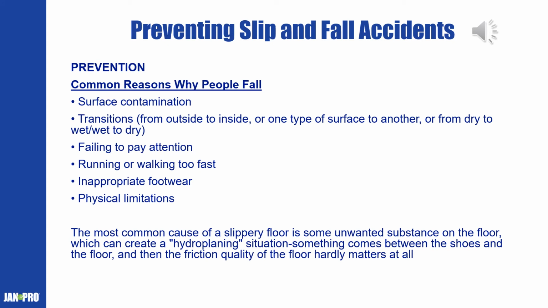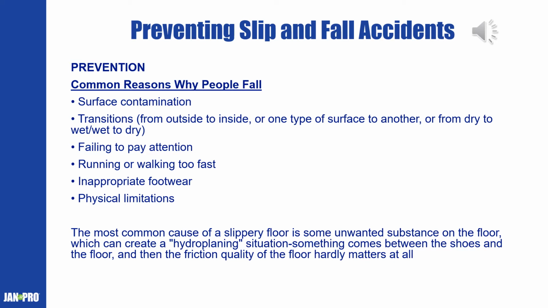So why do people fall? Well, it could be the surface is contaminated. There might be something on there, algae, mold, transitions, as we talked about just a minute ago, from the outside to the inside, or one type of floor surface to another, concrete to marble, concrete to tile, or something goes from dry to wet or wet to dry. They could be failing to pay attention and just bump over something that they didn't see, running or walking too fast, inappropriate footwear.